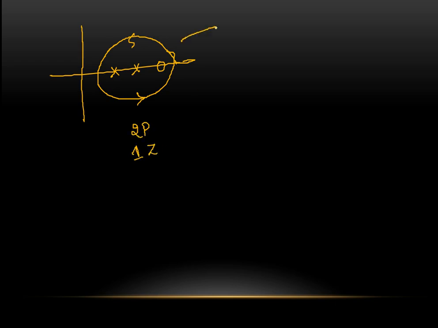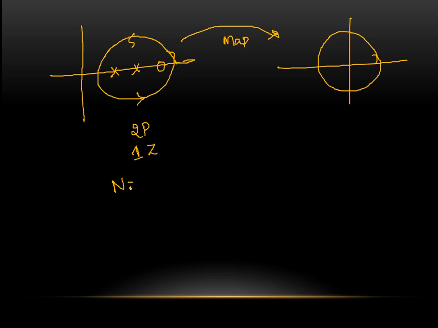So if you want to map this function into the G(s)H(s) plane, then you will get one encirclement, because here the poles are greater. The number of encirclements is poles minus zeros, 2 minus 1, that is 1. When poles are greater, you get the anti-clockwise encirclement. One anti-clockwise encirclement.